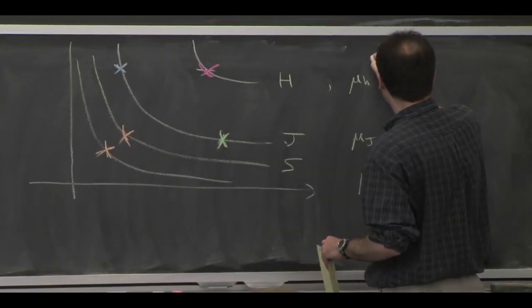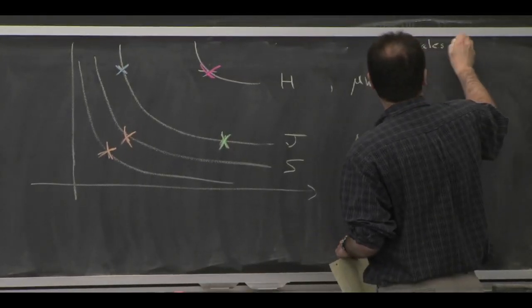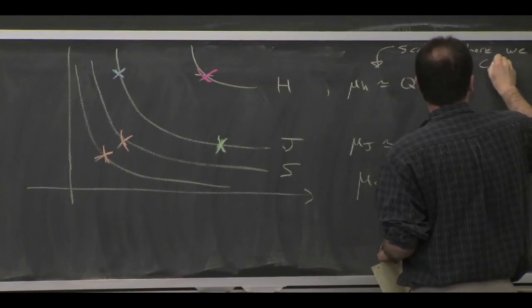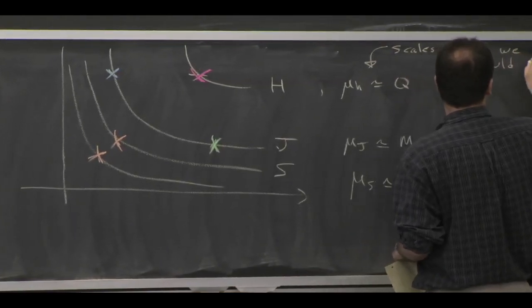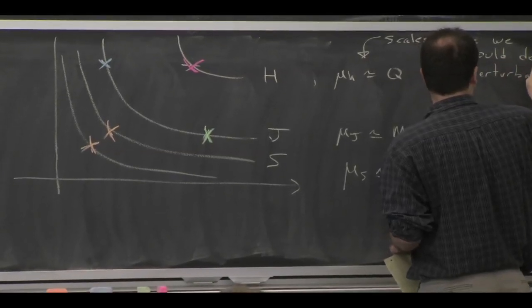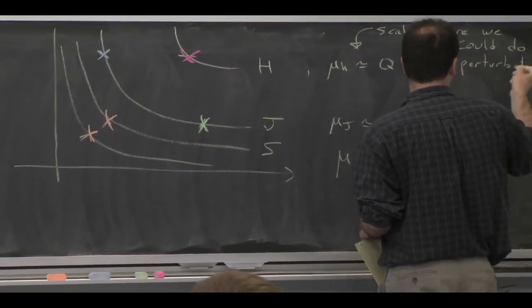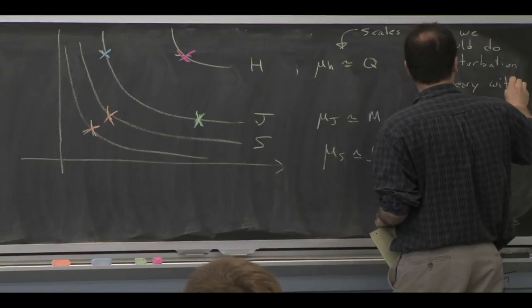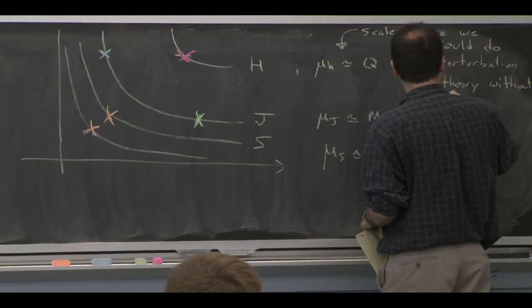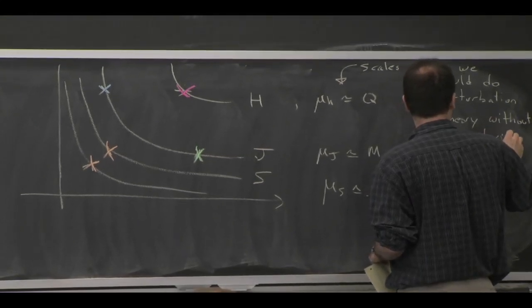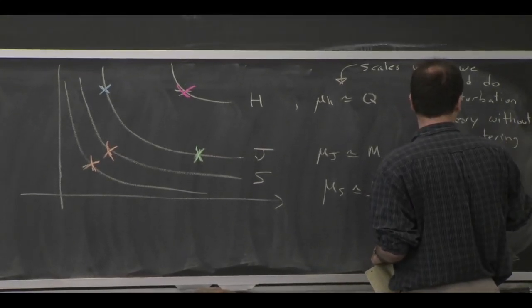So these are the scales where we could do perturbation theory for the functions without encountering large logarithms. So we can figure out what these scales are by just looking at the perturbation theory and looking at the logarithms. But you see that it's a different scale for each of the different functions.